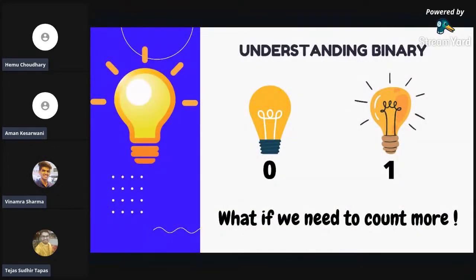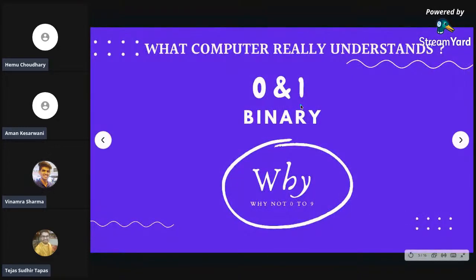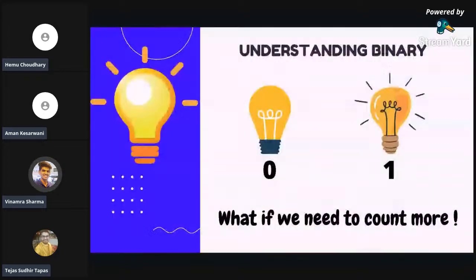So I guess it's really important to understand how binary works, because a lot of you can ask that if it only understands 0 and 1, how is it able to understand larger numbers? So that's a pretty obvious question. To explain that, let's have a look at how binary really works.